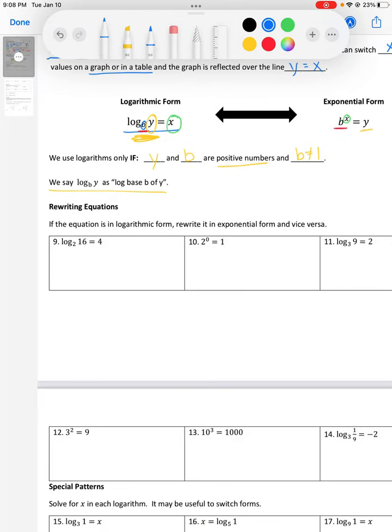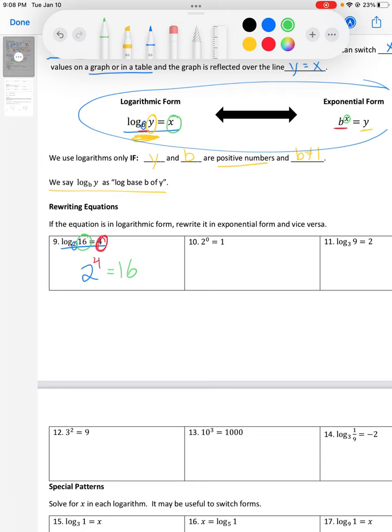So here we have a logarithm. So you can look up top here if you need help remembering. So what's the base of our exponent? Well, the base is the base of the logarithm, so base 2. And which one's going to be our exponent? Well, remember what the logarithm equals is the exponent. Okay, and what we're taking the log of is what the exponent equals.